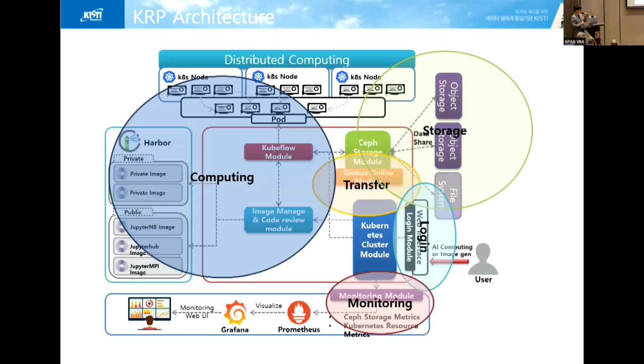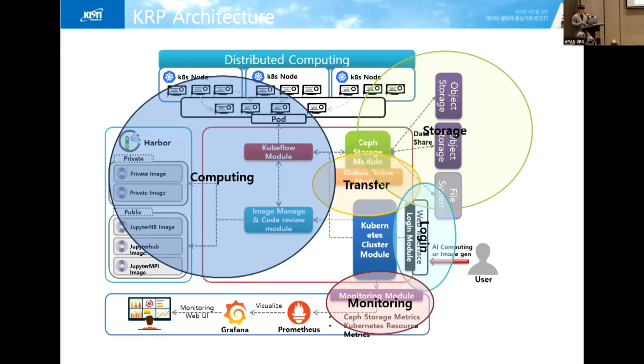The configuration diagram of KRP is shown in this figure. In our system, an orchestrator and web interface have been developed for our functions to work organically. The functions provided by this platform are about five, consisting of login, computing, storage, transfer, and monitoring.